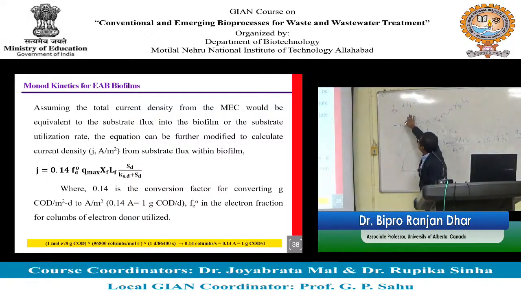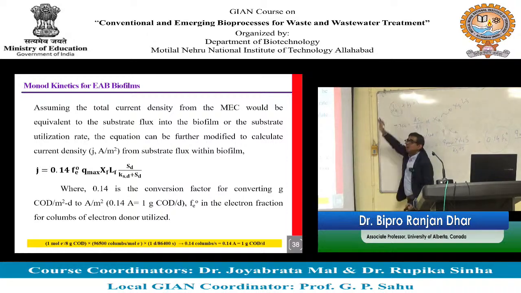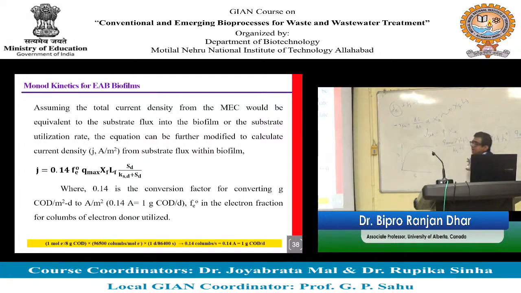So a portion is going to be utilized for cell synthesis, a portion is going to go to the donor, right? But here my product is current. So a portion of electrons is going to go for cell synthesis and a portion of electrons is going to go for current generation in the process.